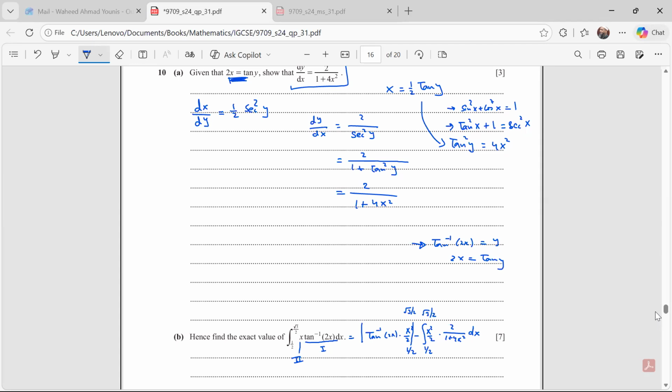It looks like I'm confusing you guys. So first function into the integral of the second function, minus the integral of the second into the derivative of the first function. Basically, let's say t is equal to tangent inverse 2x, and I need to differentiate it, I'm trying to find the derivative of t with respect to x.